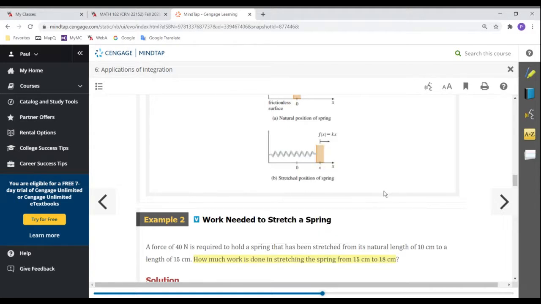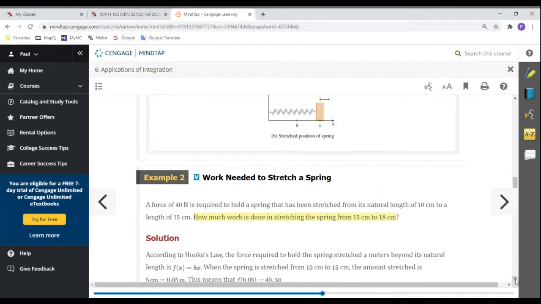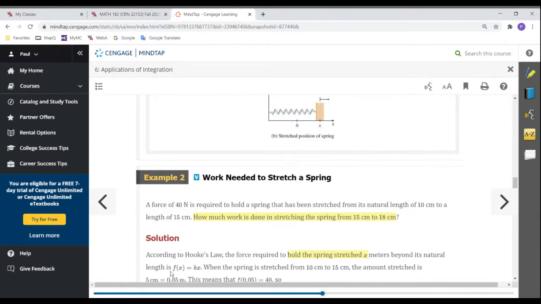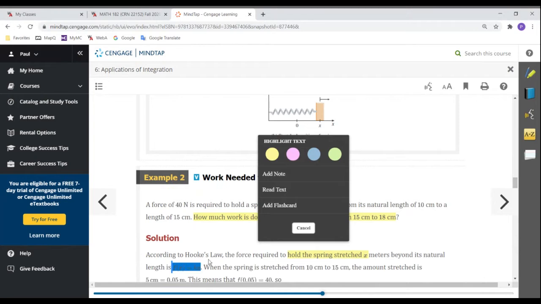How much work is done in stretching the spring from 15 centimeters to 18 centimeters? Well, according to Hooke's law, the force required to hold the spring stretched x meters beyond its natural length is equal to k times x.